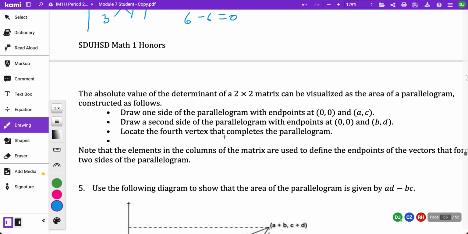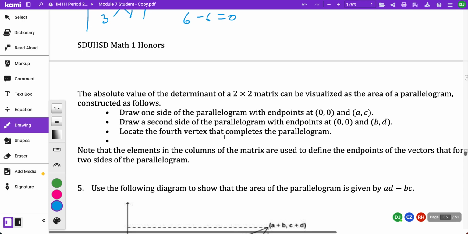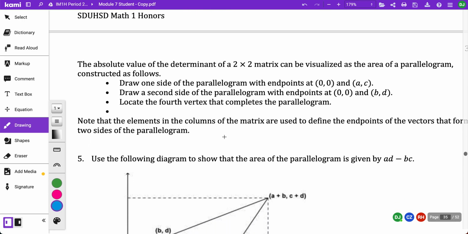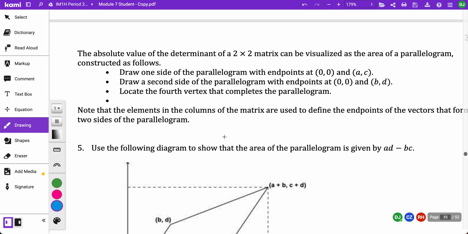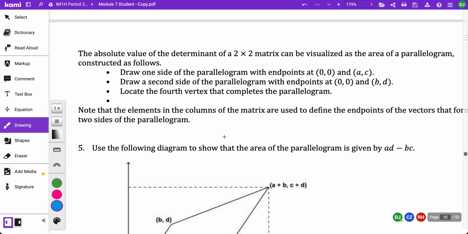Another key thing, it's a little bit of an introduction today, and you're going to focus more on it in the future: the absolute value of the determinant of a 2 by 2 matrix can be visualized as the area of a parallelogram. Remember, what did we use a parallelogram for? We used it to find the resultant of two vectors. So that's where parallelograms play a part again.